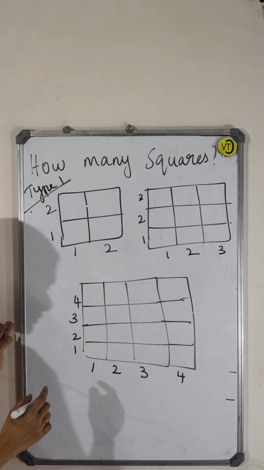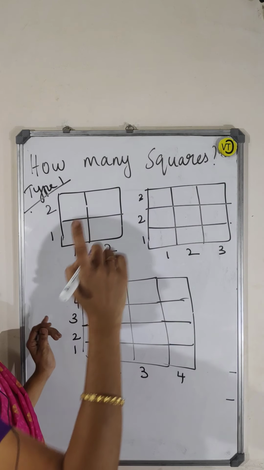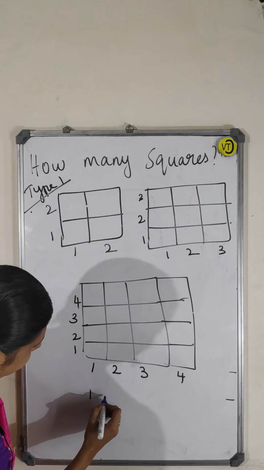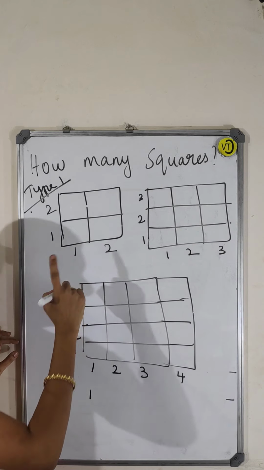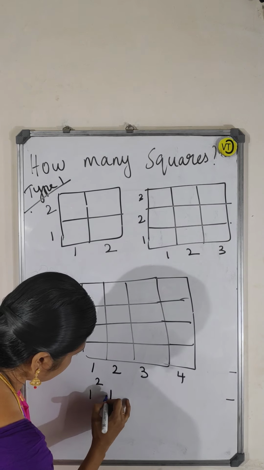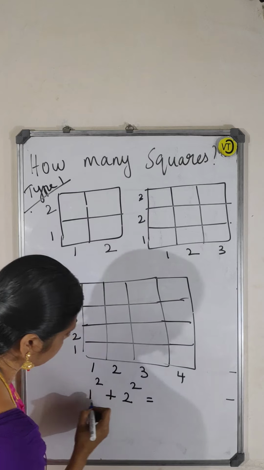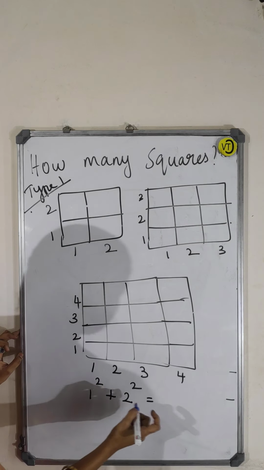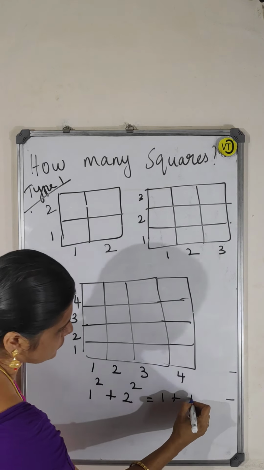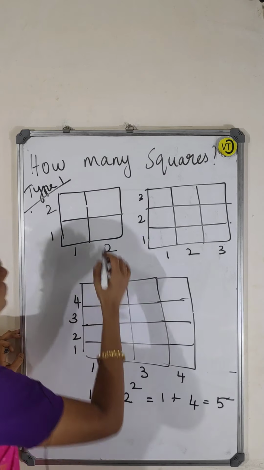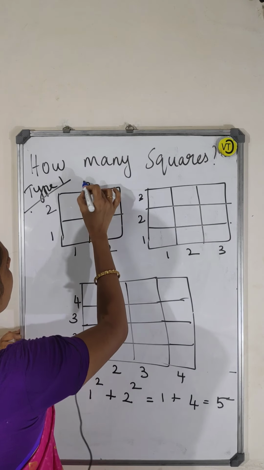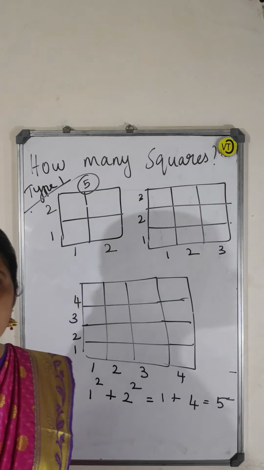Now listen here. Any row or any column you take, guys. 1 is there, right? 1 square plus 2 square. 1 square is 1, 2 square is 4, the answer is 5. So in this case 5 squares are there.